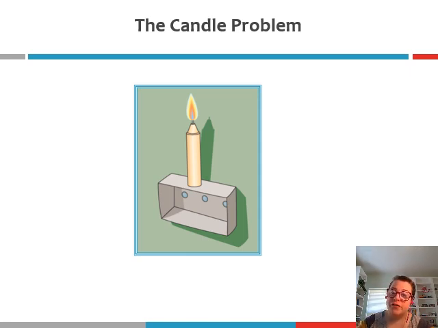The solution to this problem occurs when a person realizes that the matchbox can actually be used as a support rather than a container. So what you can do is dump out the matches and use the matchbox, and use the tacks to affix the matchbox to the wall.